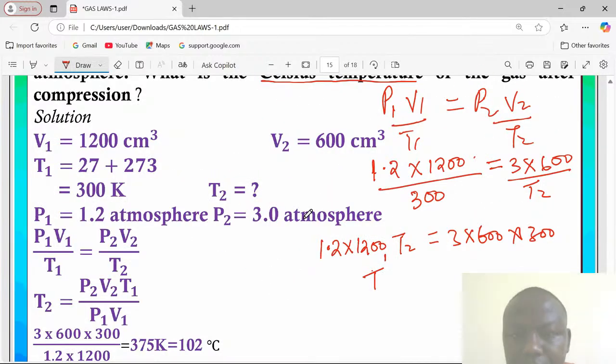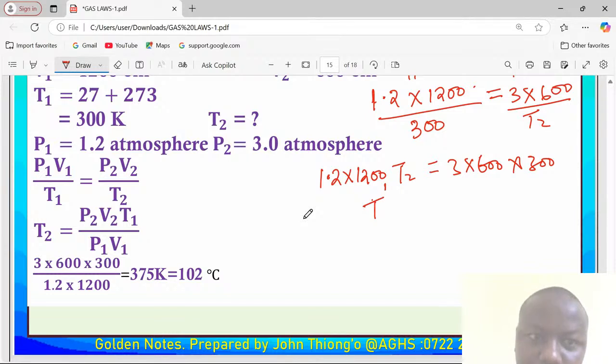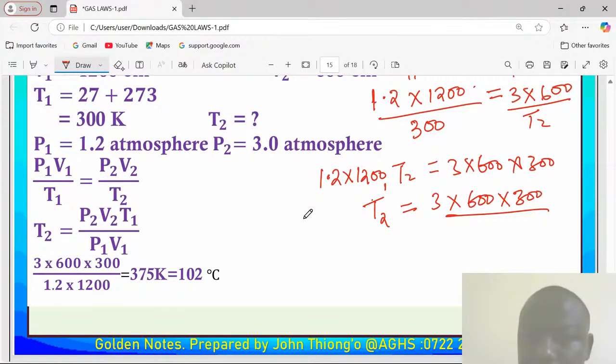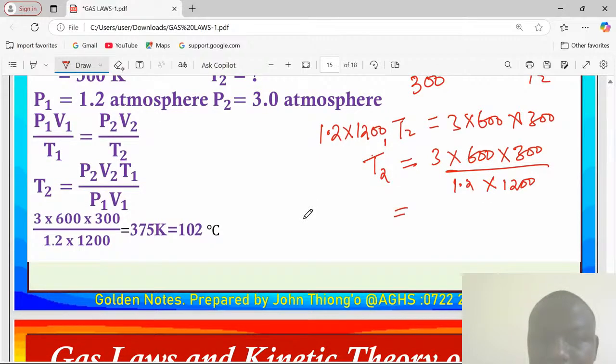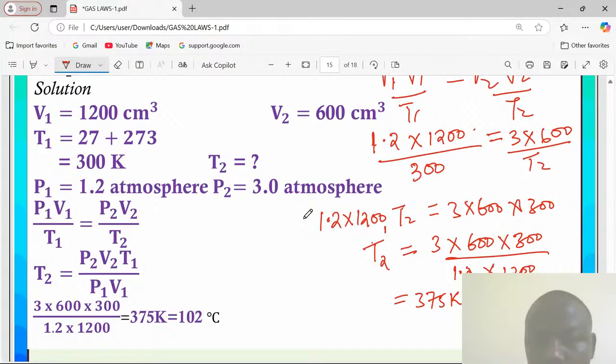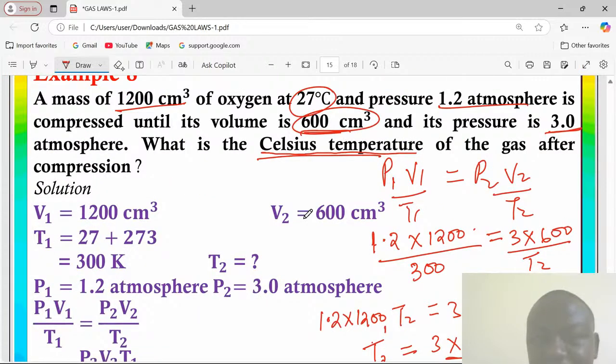So T2 is equivalent to 3 by 600 by 300, then we divide this by 1.2 and 1200. From this, we are going to get 375 Kelvin. And now, what is the examiner talking about? The Celsius temperature.